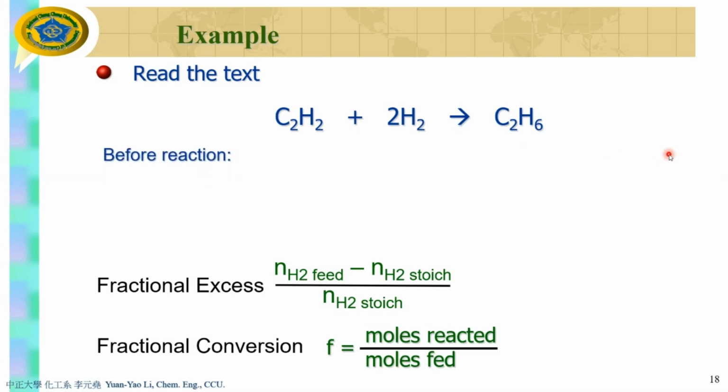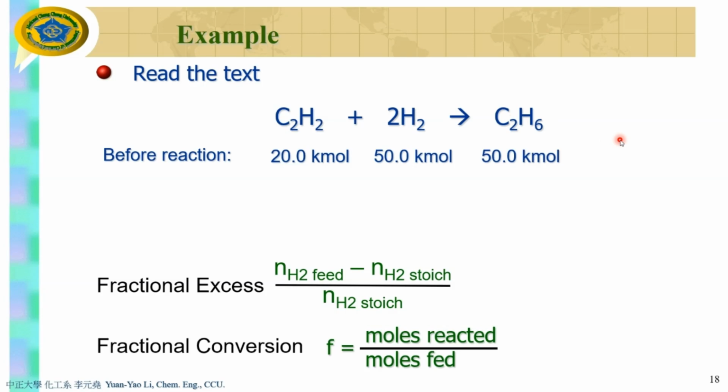So before the reaction, we have 20 kmoles of C2H2, and then we have 15 kmoles of H2, hydrogen. And in the beginning, we have 50 kmoles of C2H6.